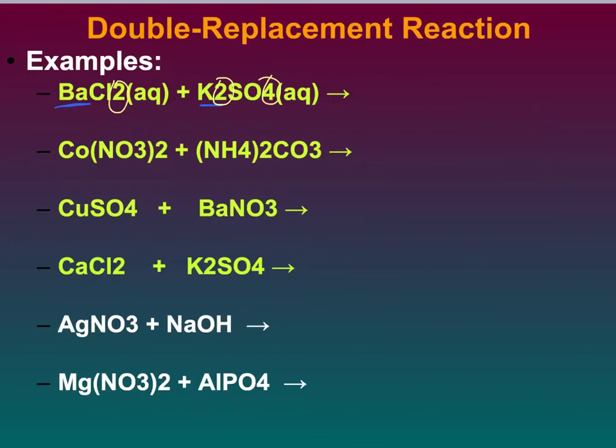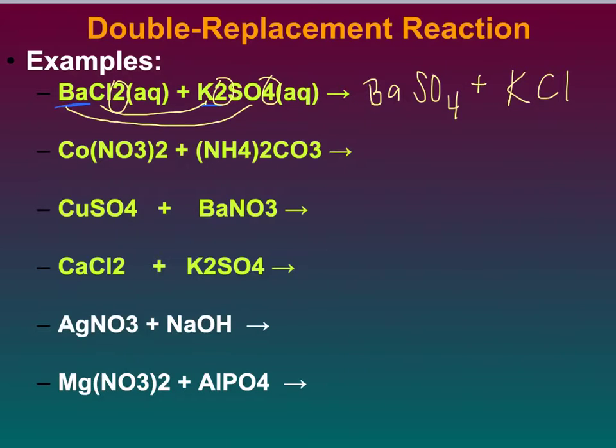So what we're going to do is write our metals. Barium is now going to join with sulfate, so Ba is going to join with SO4. And potassium, K, is now going to join with Cl. Remember that your subscripts on the reactant side don't transfer to the product side.